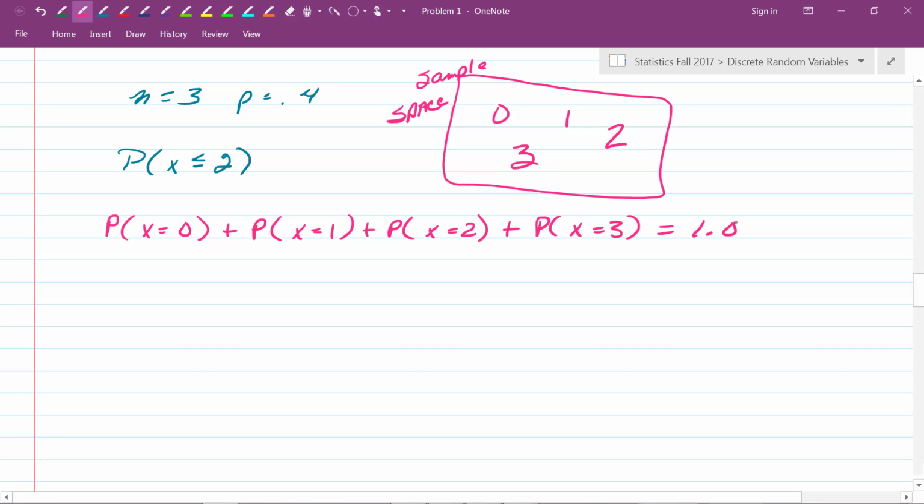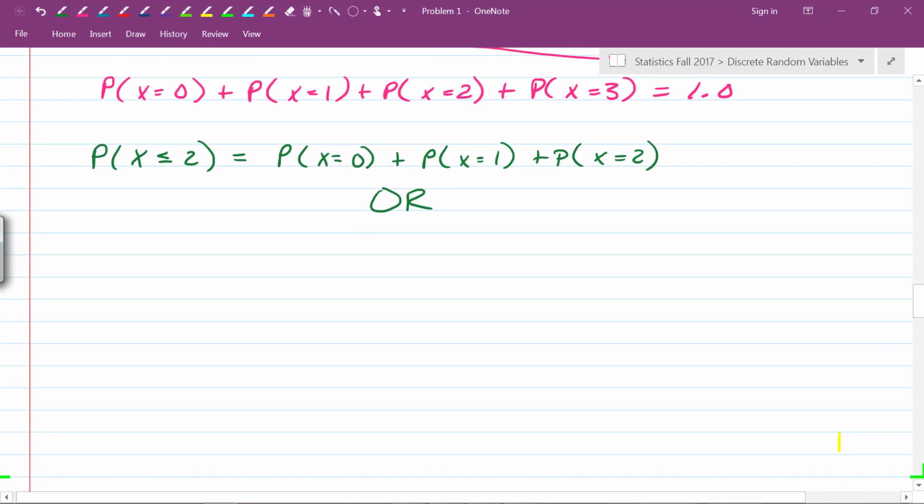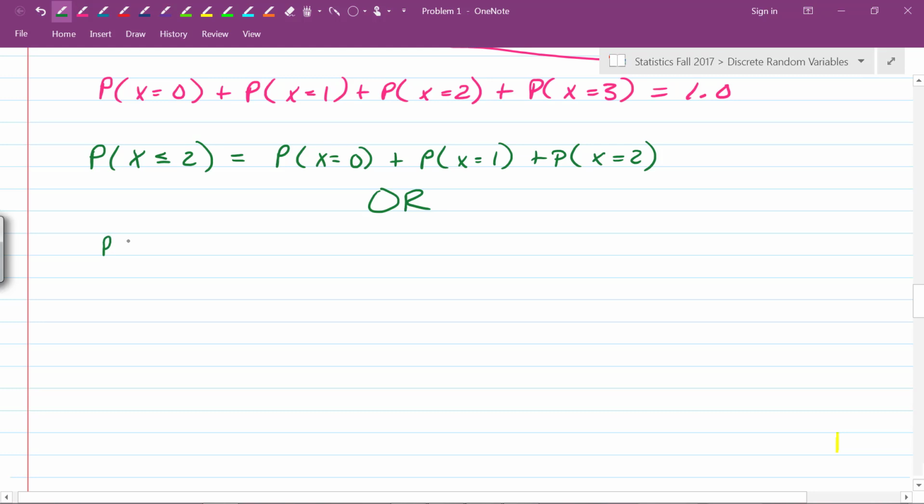So we can say that the probability that x is less than or equal to 2 is equal to the probability that x equals 0 plus the probability that x equals 1 plus the probability that x equals 2. Or we can say that the probability that x is less than or equal to 2 is equal to 1 minus the probability that x equals 3.